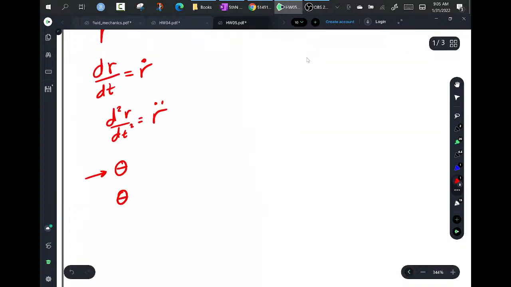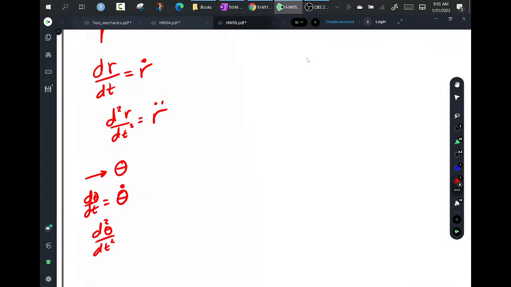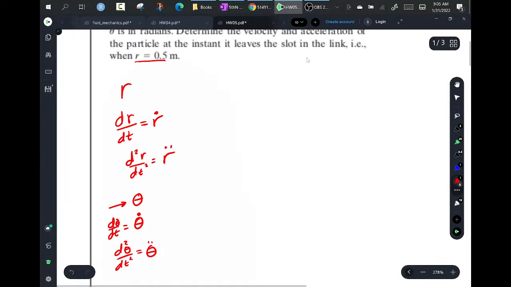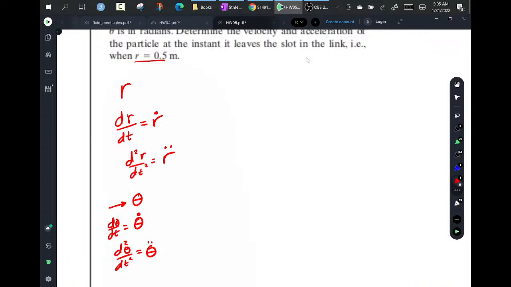Then you find theta dot, and the second derivative of theta with respect to time, theta double dot. Then you use these in those equations.